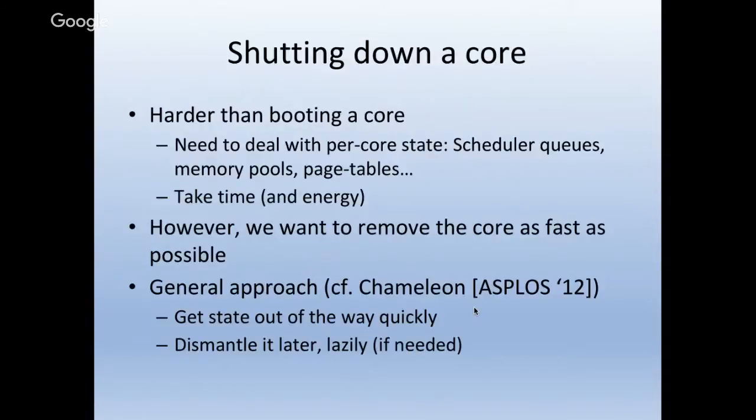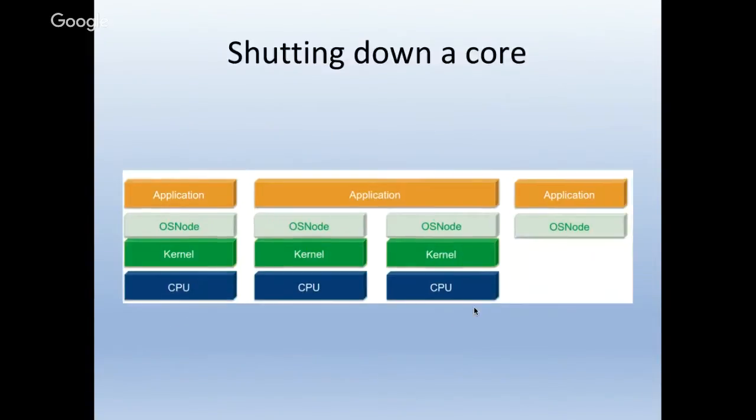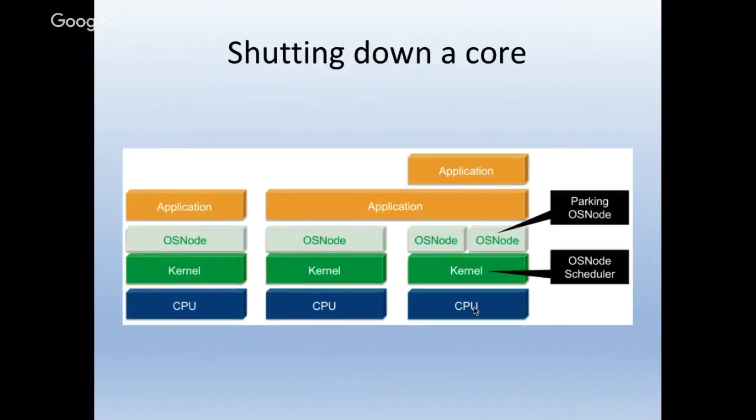So how does it work in our OS? First, we capture the OS node, or all per-core state, and we move it to a different core. Now, we add an OS scheduler into the kernel that is able to dispatch different OS nodes.